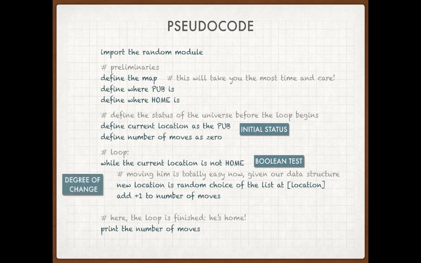Here, the degree of change is that he moves to a new location on the map. We do that at random, so we don't know precisely how many times we have to go through that loop, which is why we have our other variable, right? Number of moves, and that will count him up for us. So if you're wondering if the pseudocode has the 3 parts of a loop, it does. They're all here. Classic example of a loop.